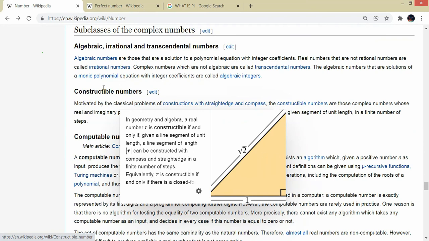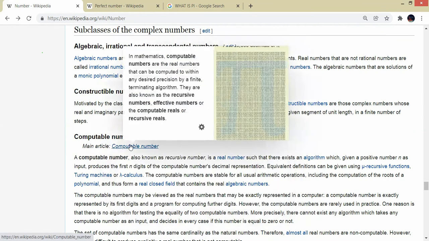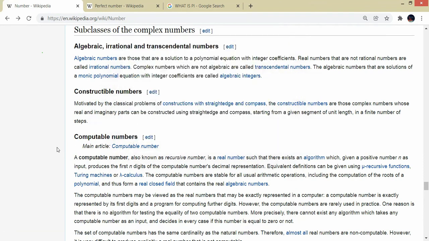This is the form of constructible numbers. Computable numbers are real numbers that can be computed to within any desired precision by a finite terminating algorithm. They are also known as recursive numbers, effective numbers, or computable reals or recursive reals.